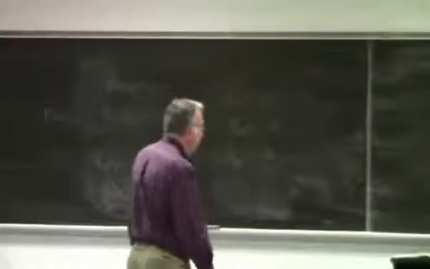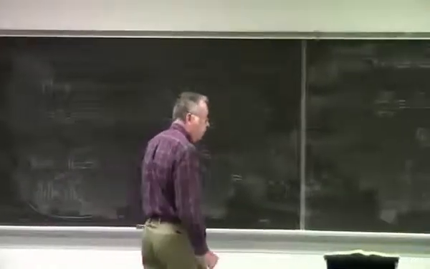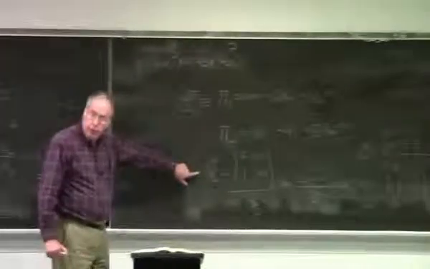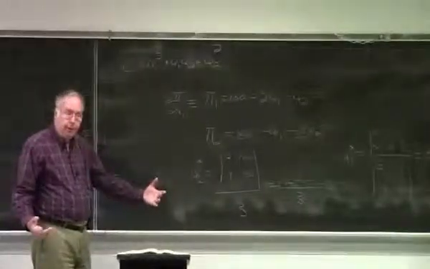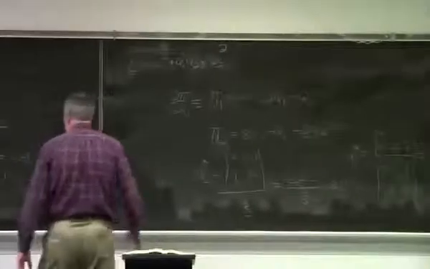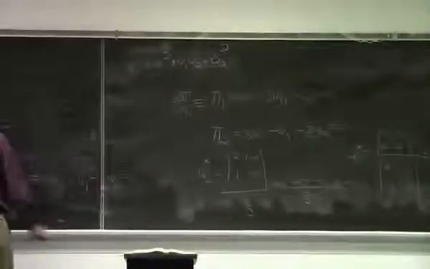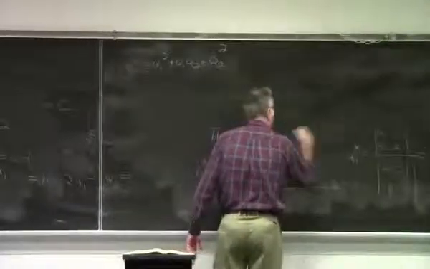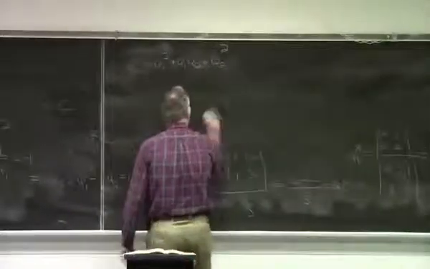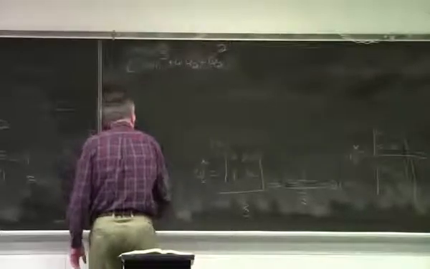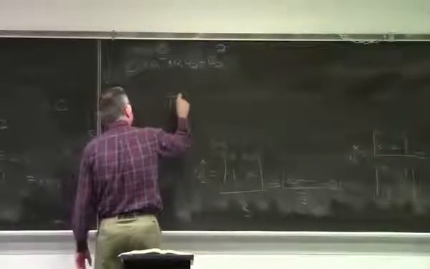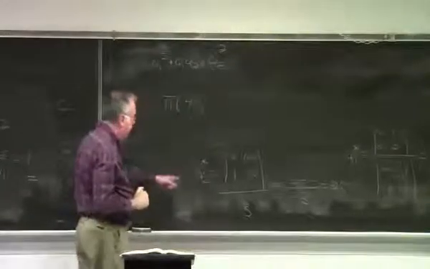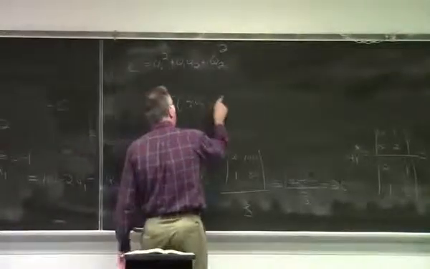And at these critical values of Q1 and Q2, Q1 equals 40, Q2 equals 20, you have a profit maximum. The maximum profit occurs where Q1 is 40, Q2 is 20.